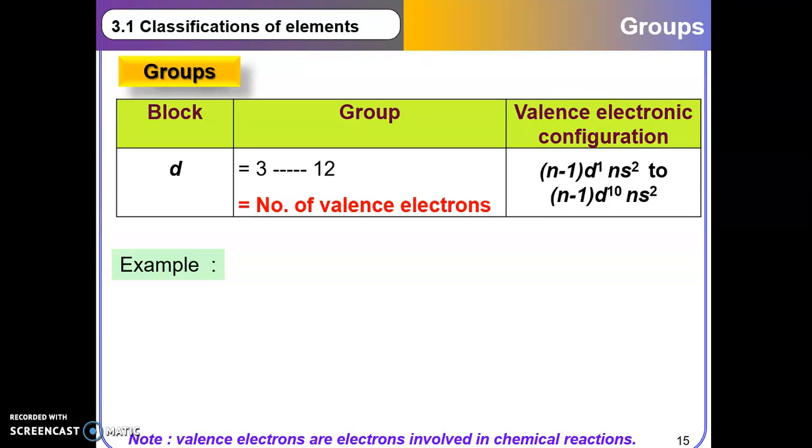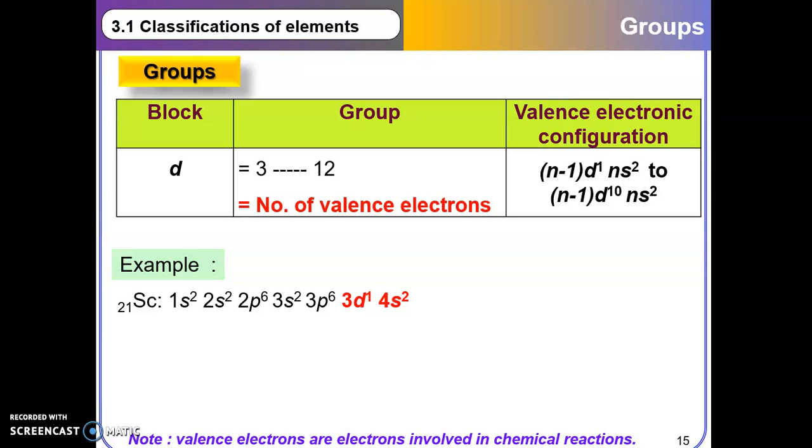Next, what about the D block elements? For D block elements, the group number is the number of valence electrons. But before we go further, we have to bear in mind that valence electrons are the electrons involved in chemical reactions. For example, here, scandium.